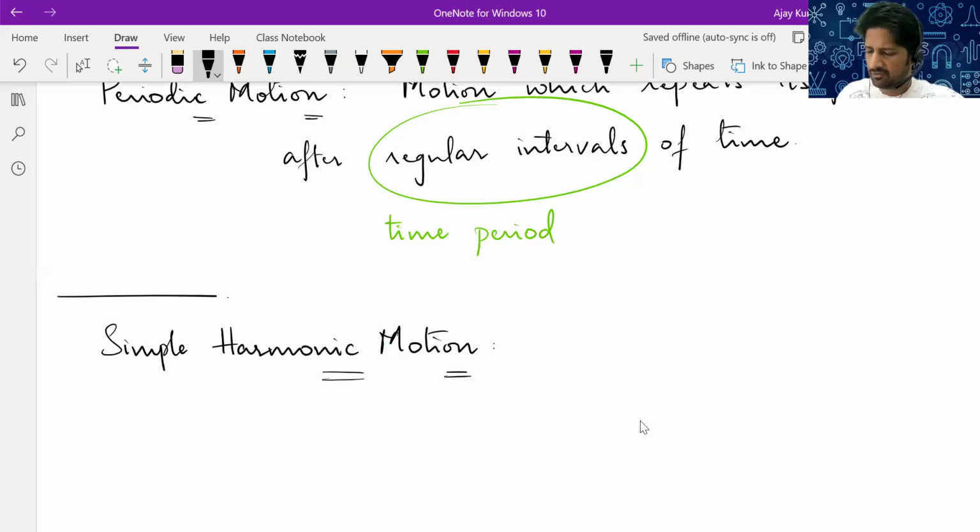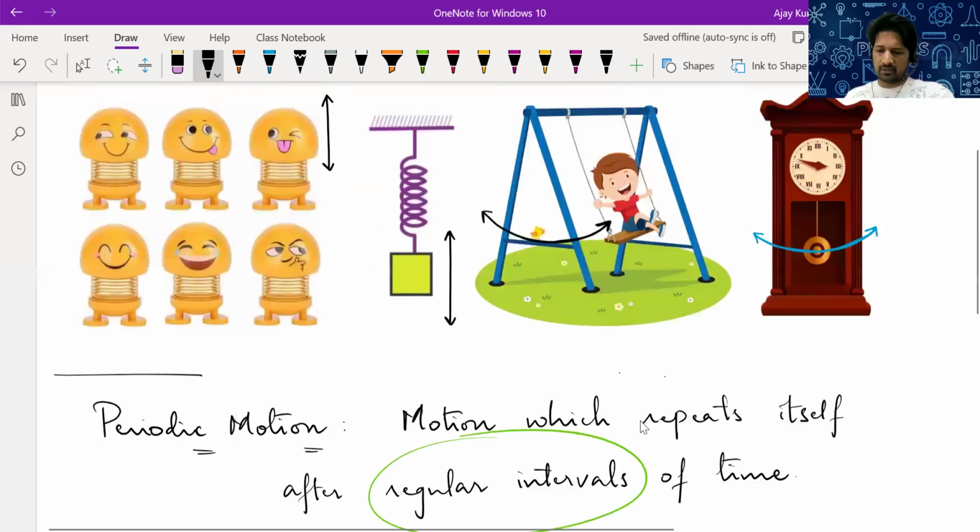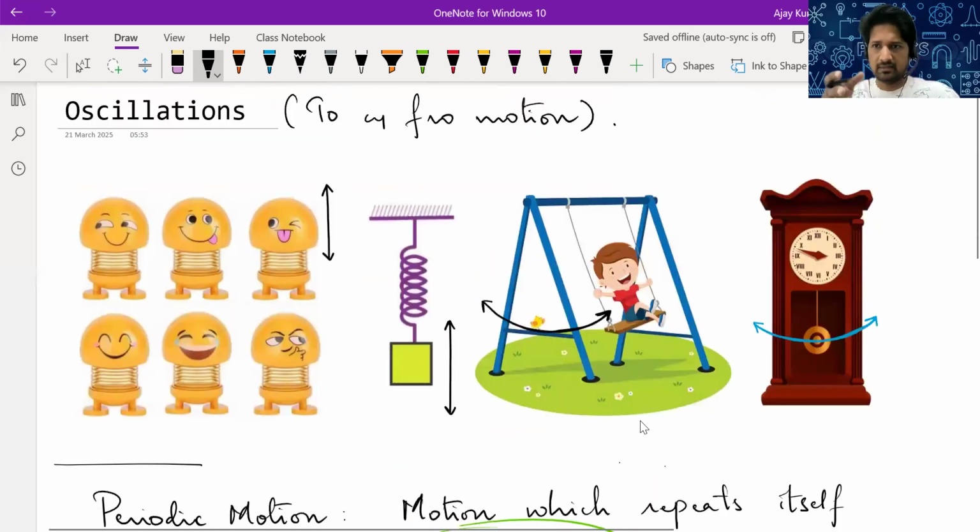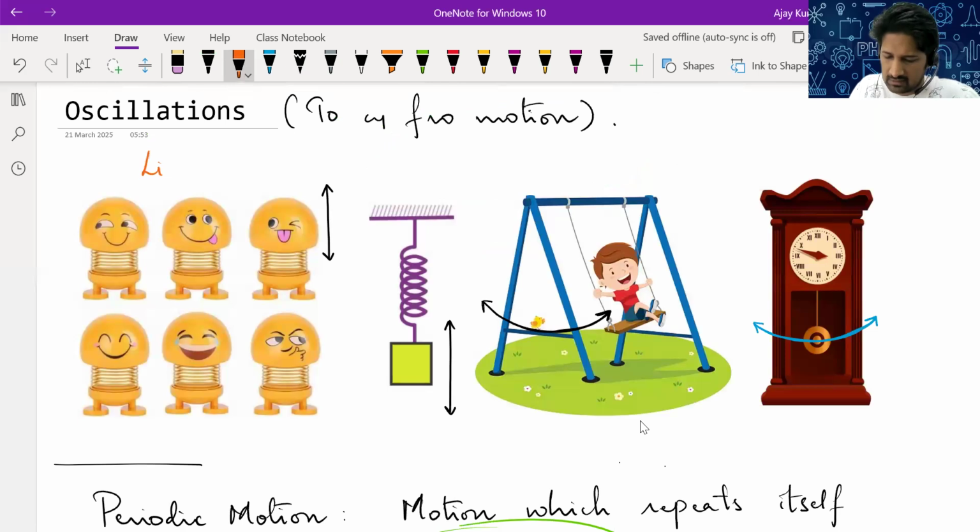It's an example of periodic as well as oscillatory motion, and there are some extra conditions also which we are going to discuss. Fine. Now look at these examples of oscillating systems that we have considered. There are some systems which oscillate on a straight line, which move back and forth on a straight line. Those are called linear oscillations.